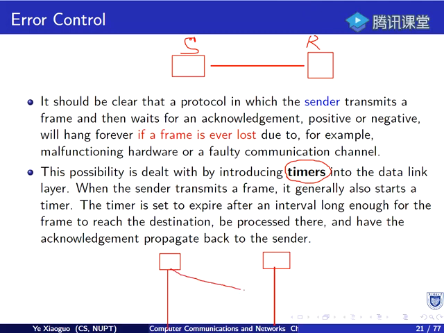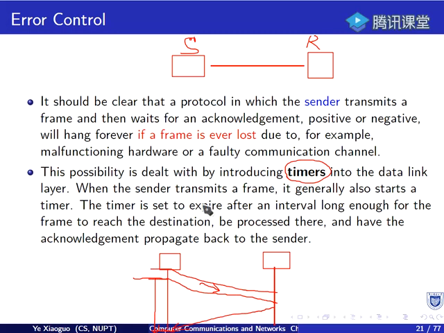So if a frame is transmitted from A to B, then usually the acknowledgement will arrive at this time point. So the timer is set from this point, and expired at this point.